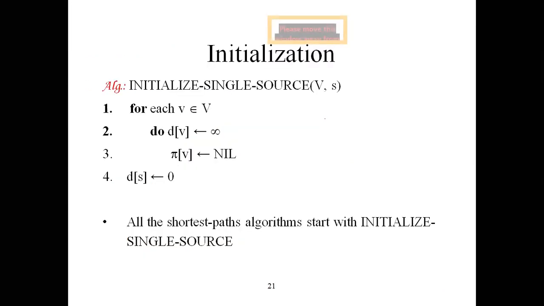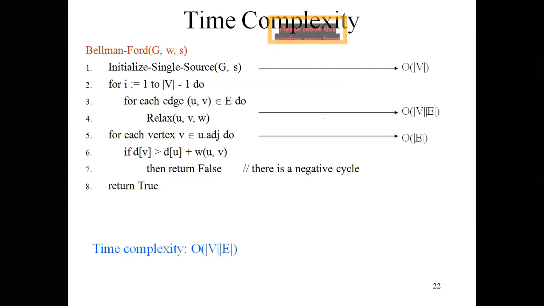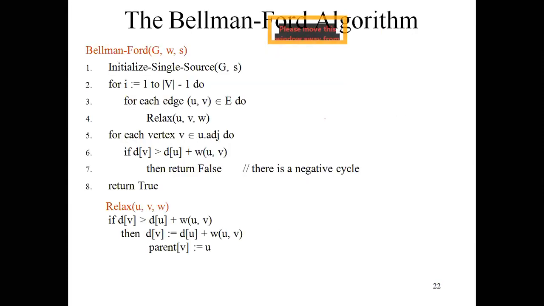Now see the Bellman-Ford algorithm. In the Bellman-Ford algorithm, we take three parameters: G the graph, W the weight, and S the source vertex. Now, initialize single source G comma S: G is the graph and S is the source. So we initialize all the vertices in the graph with infinity except the source vertex. In the second step, we have the for loop.